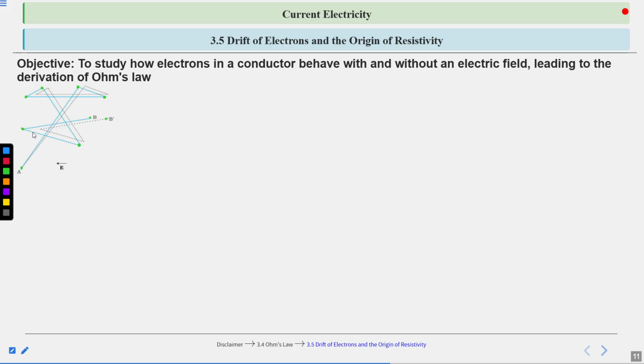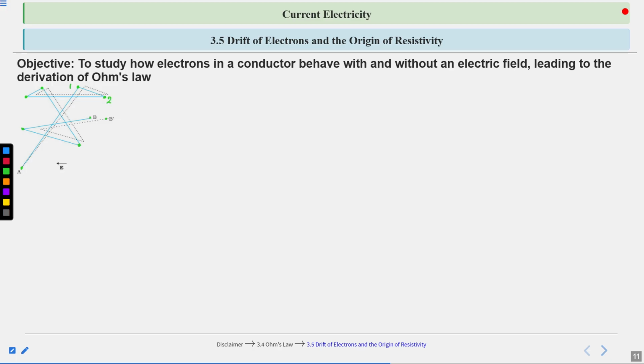When the electron is moving in the conductor, it is colliding with the stationary ions, bound ions, ions that contain the nucleus and bound electrons. So the electron is colliding with those ions and with other electrons, and after collision its path is changing. Suppose it is moving from A, after reaching this one point it will collide with another ion and its path is diverted.